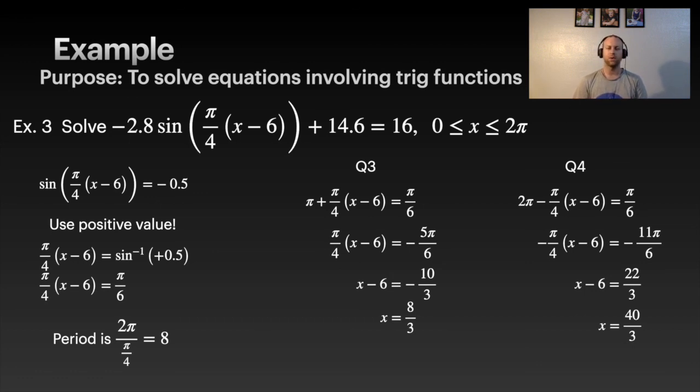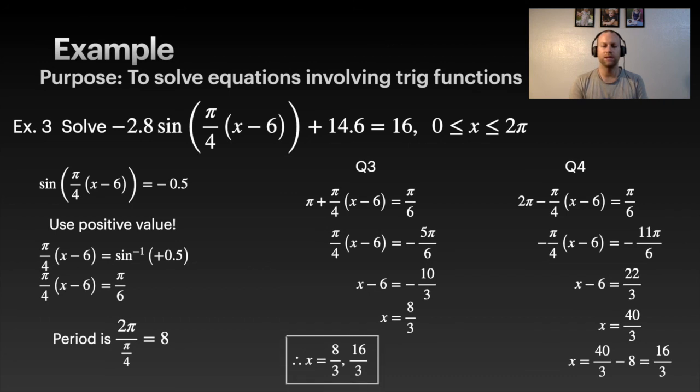So going back to quadrant 4, let's subtract 8 to get a value within our domain. 16 over 3 is in our domain. So my solution to this is x equals 8 over 3 and 16 over 3.